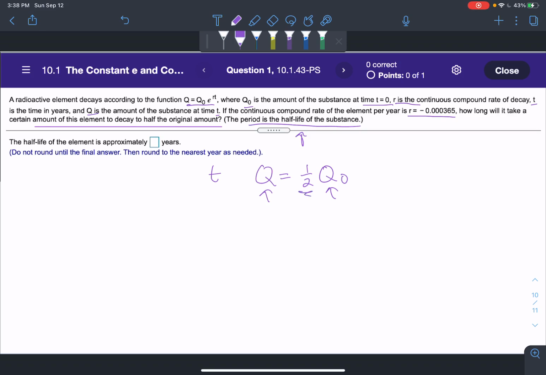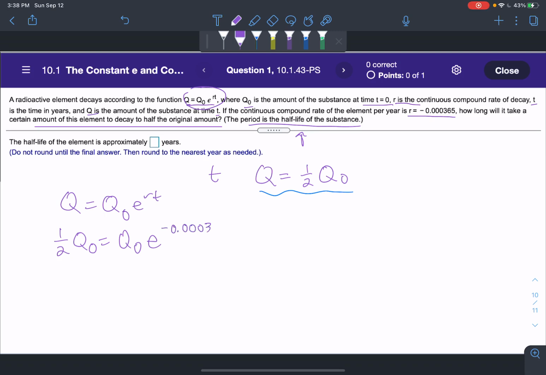So we can use that, right? If we use that in our formula, Q equals Q naught e^(rt), which I just got from up here, I'm going to plug in what I know Q is and get 1/2 Q naught equals Q naught e to the negative 0.000365 T. And notice that my Q naughts cancel out if I divide them from both sides.